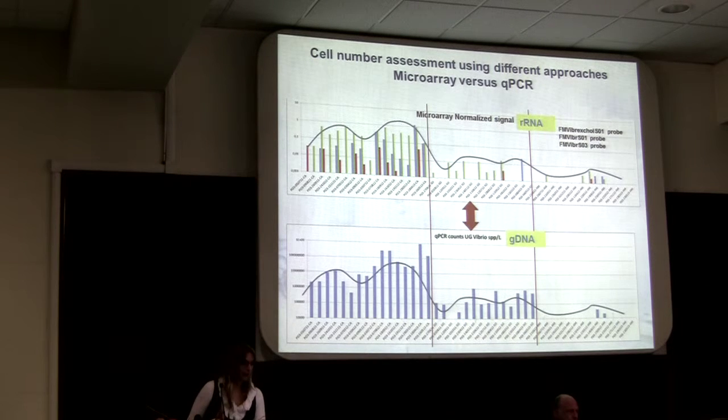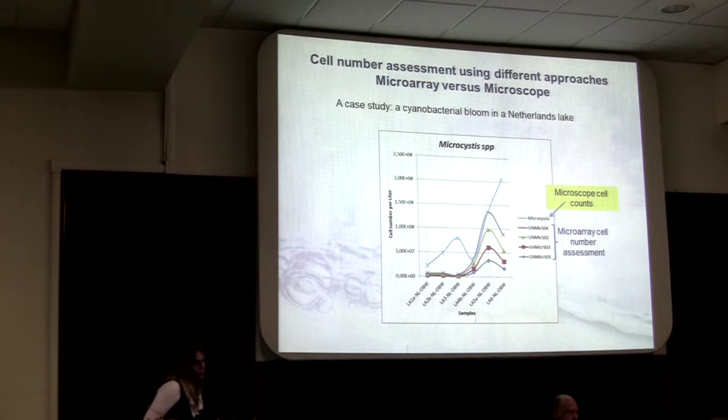But we were not satisfied enough, so we used another approach to quantify the cells. I'm presenting you samples from a Netherlands partner, who counted by microscopy, an alternative method, the number of Microcystis present in the sample he sent us. On our side, we did a microarray analysis.